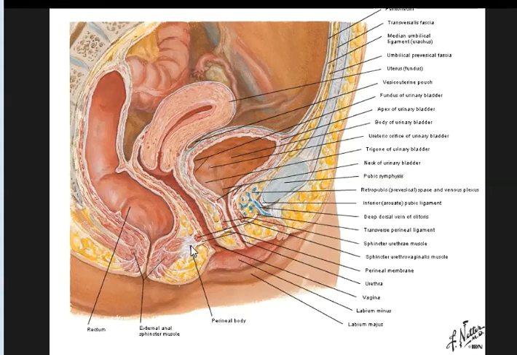So this is the perineal body, and this space here is the perineal space, and this is the superficial perineal space. You cannot see the Bartholin glands because the section does not go through those glands.